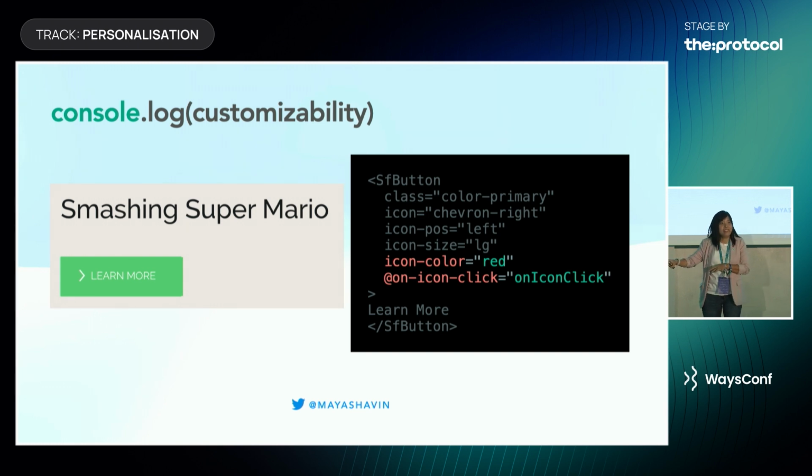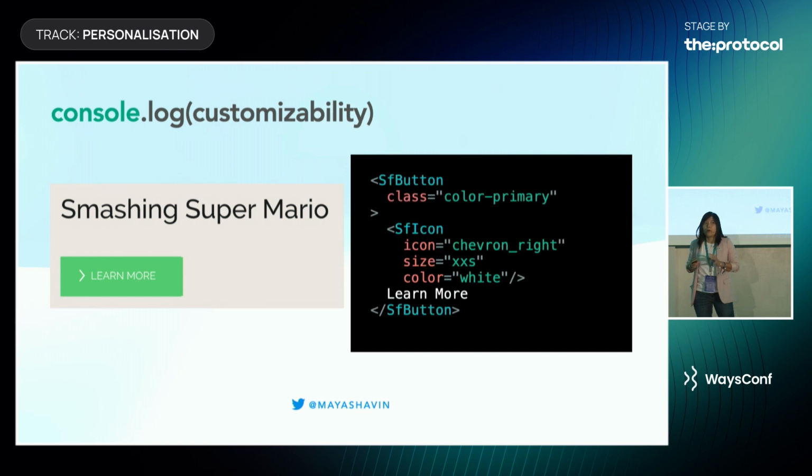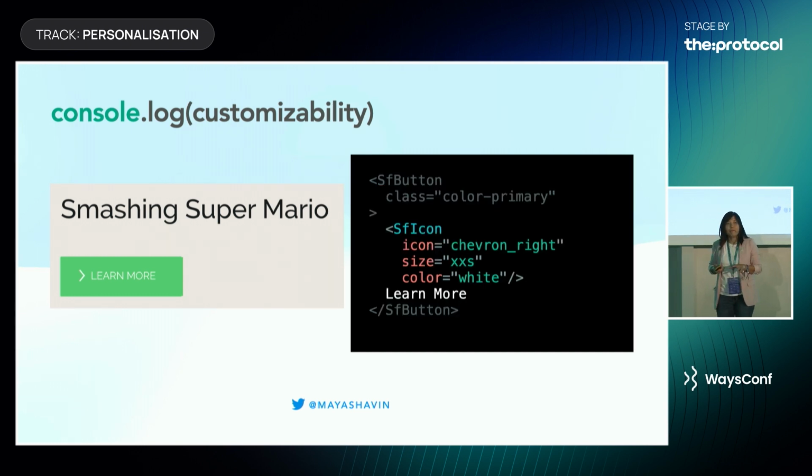This doesn't end here. No matter how many props you can provide, the user will always have more demand for more props. So what you should try to do is make something that can cover 80% of the use cases, and then leave the 20% for the user to override.